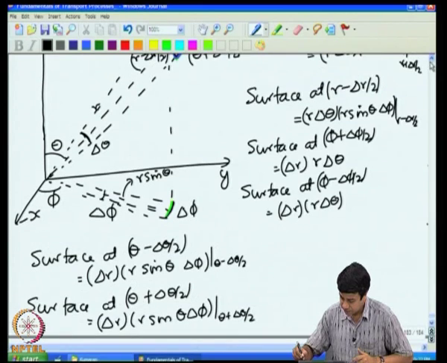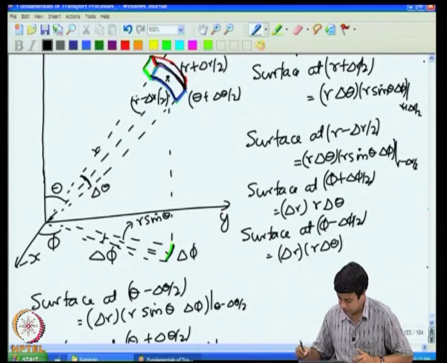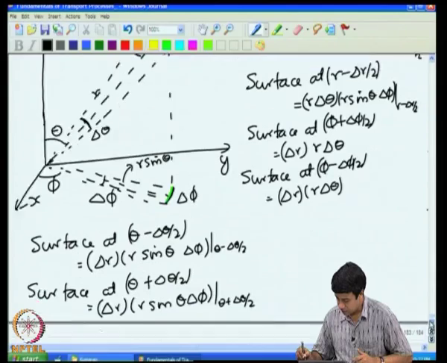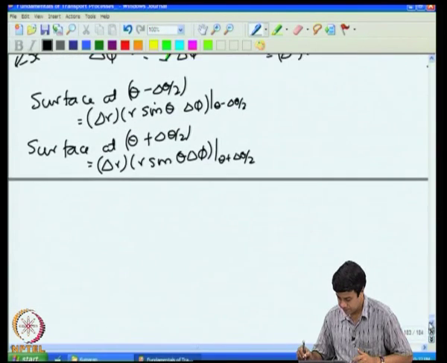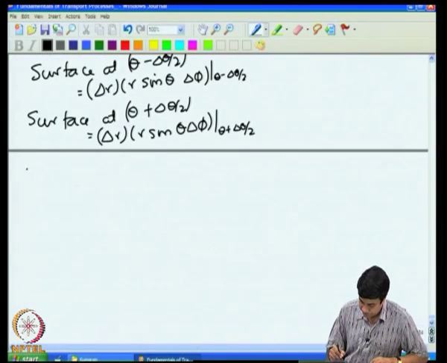So, now that we have defined this differential volume, we can now go ahead and do the balance equation.